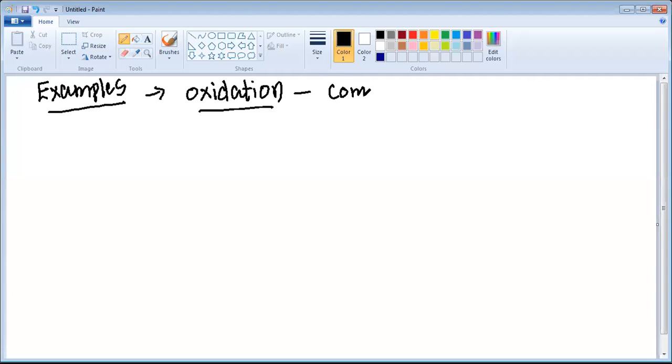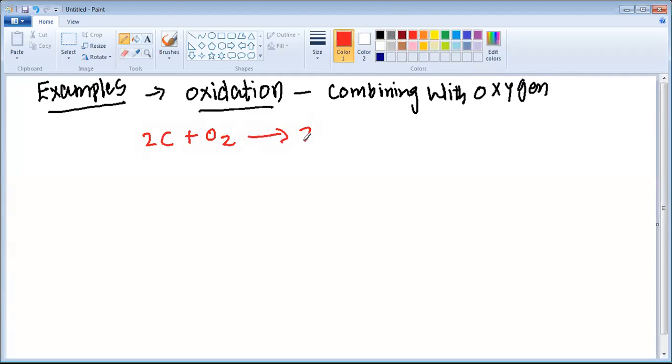Combining with oxygen. Let us understand this with some examples, my dear students. Suppose you have carbon. If two carbon combines with oxygen, it will give us 2 carbon monoxide.